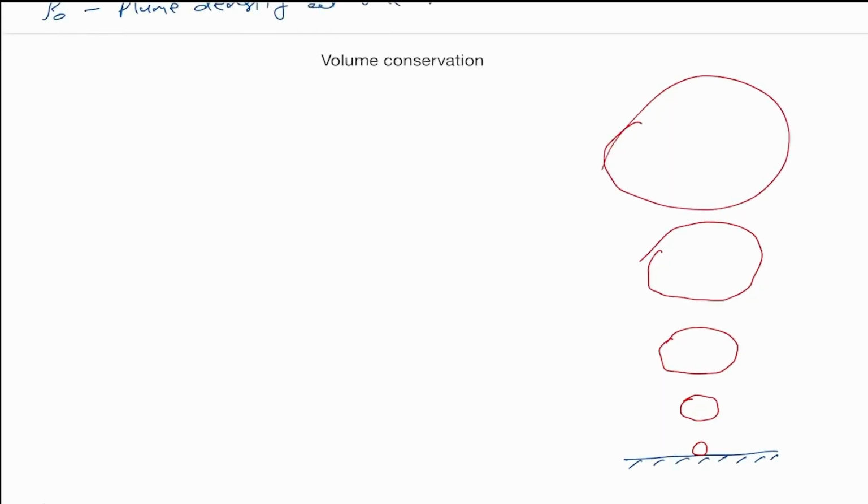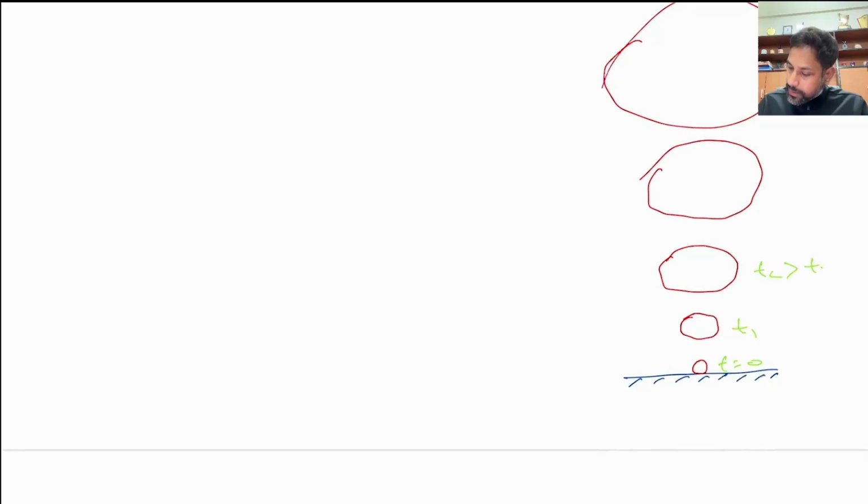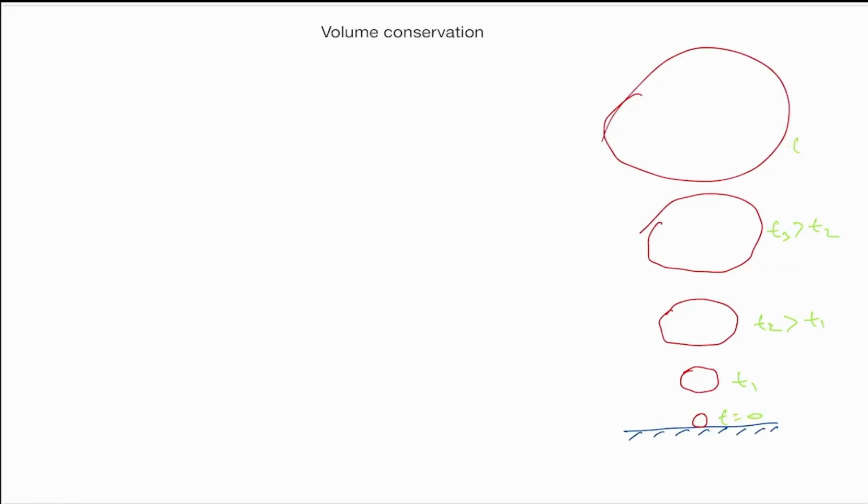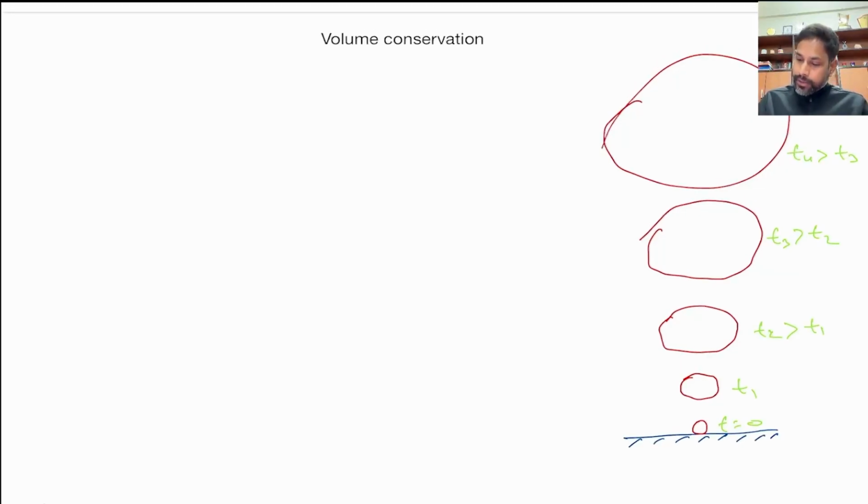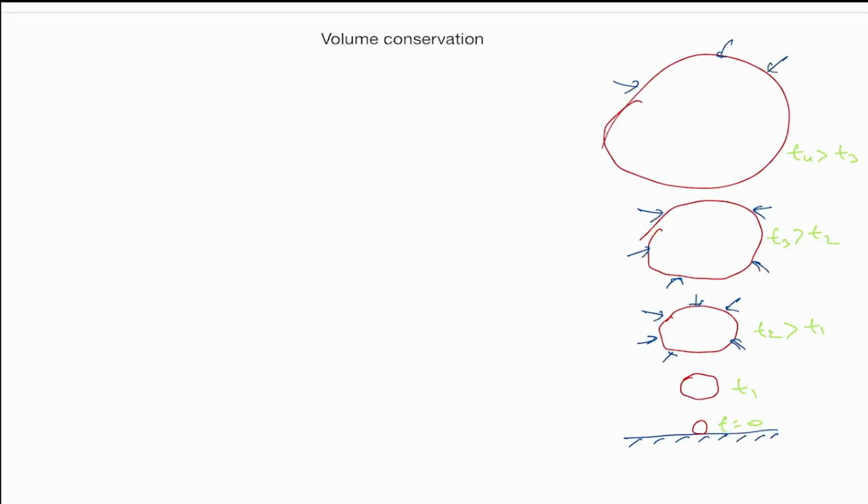So that is how the plume is going up, and let's say this is at t equal to 0, this is t1, this is t2 which is greater than t1, this is t3 which is greater than t2, this is t4 that is greater than t3, etc. Okay, so at later time we are getting more and more volume. Why? Because there is entrainment happening from the ambient. So as we have seen, there is entrainment happening continuously, right? And that is why your volume is increasing, and G prime will be decreasing.